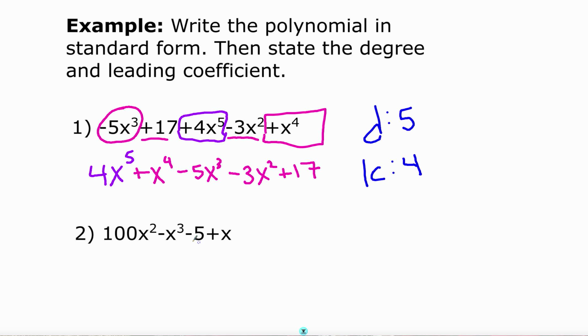For this second example, I start with my highest exponent, which is to the 3rd power. So negative x cubed is going to be my first term for standard form. Then I have this 100x squared. The sign in front of it is understood to be positive, so I would write plus 100x squared.